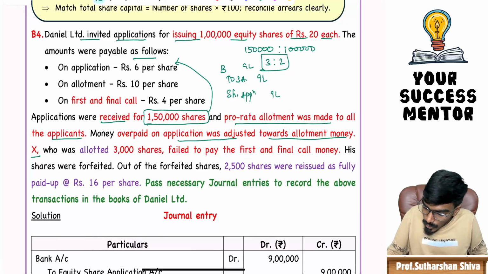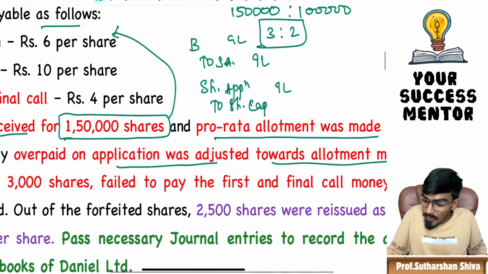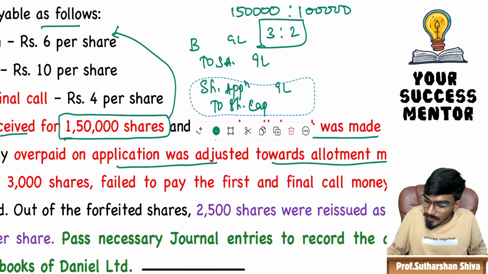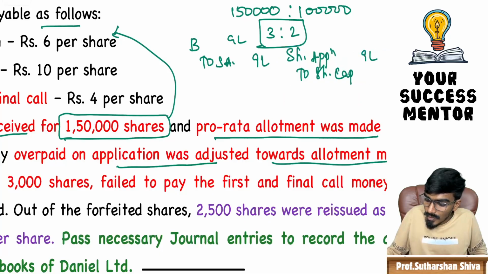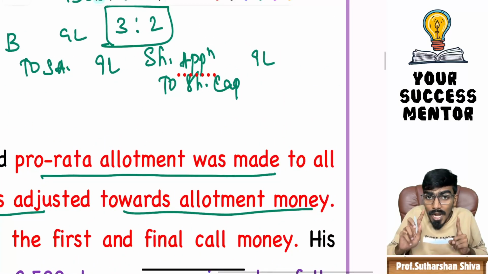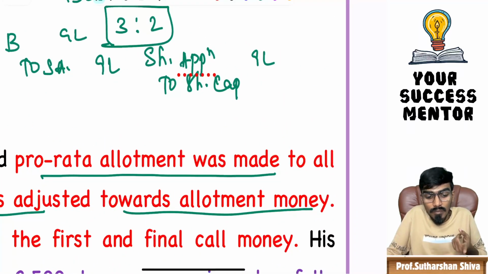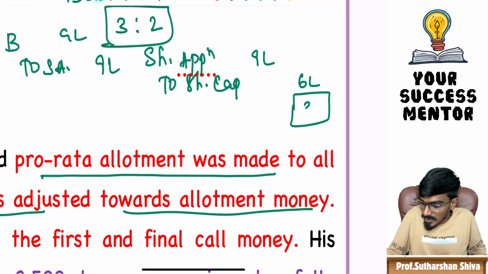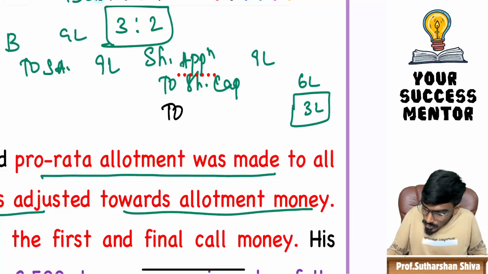How much do you transfer to share capital? Only the allotted portion. How many shares are allotted? 1 lakh. 1 lakh into 6 rupees is 6 lakh. How much is excess? 3 lakh. That 3 lakh will be there for share allotment.